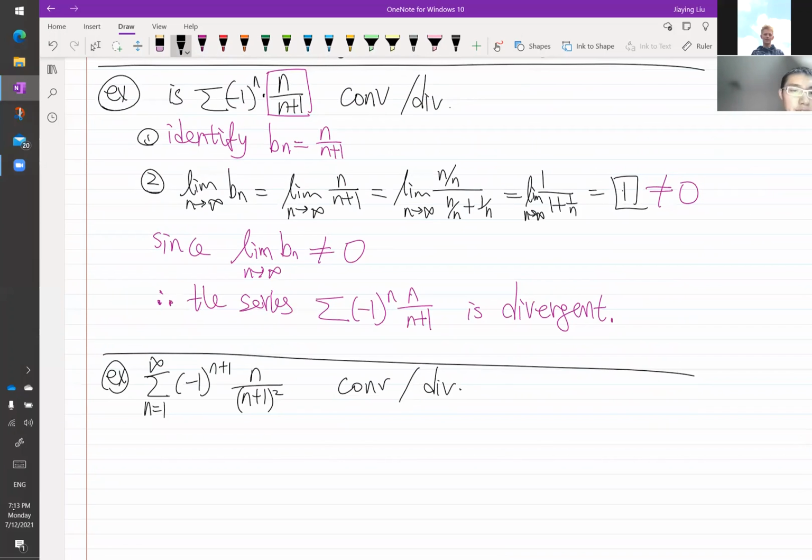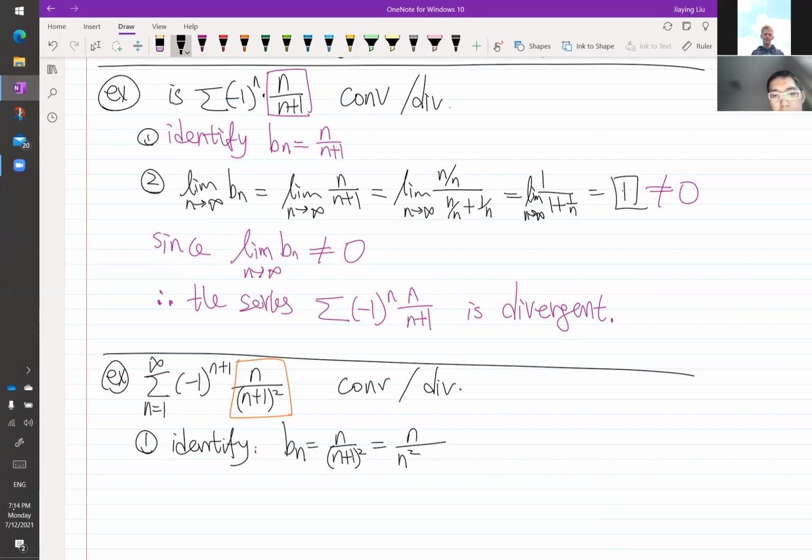Okay. So the first step, just like before, we're going to identify the Bn. Bn is just going to be the part after we put aside the (-1) to the power, so the remaining n divided by (n plus 1) squared. You can expand it if you want, or expand it later, it doesn't matter.